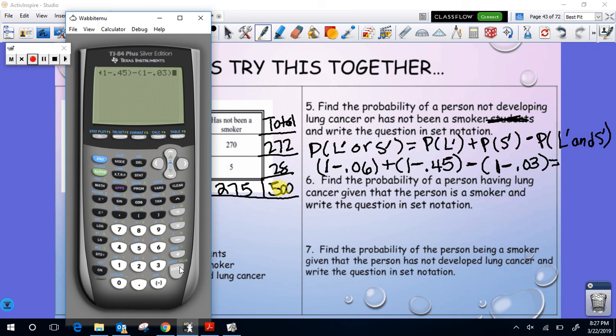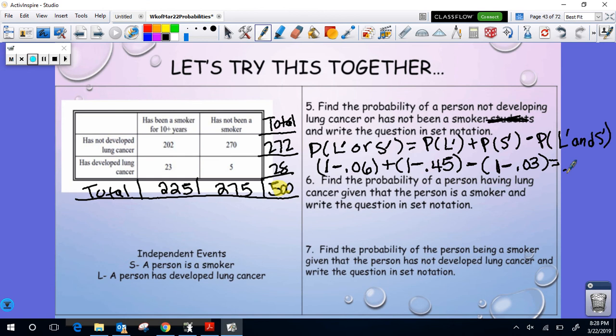So when you get your complements, you do the 1 minus the original probability, and you'll get the complement. And when you add the original probability with the complementary probability, you should get 1. So the answer is 0.52 or 52%.